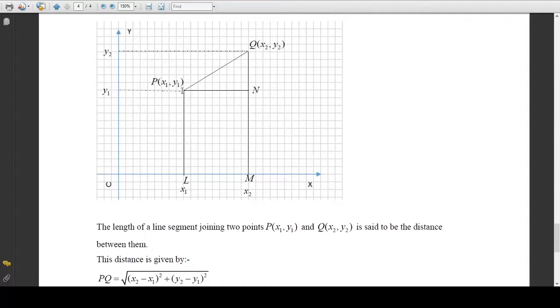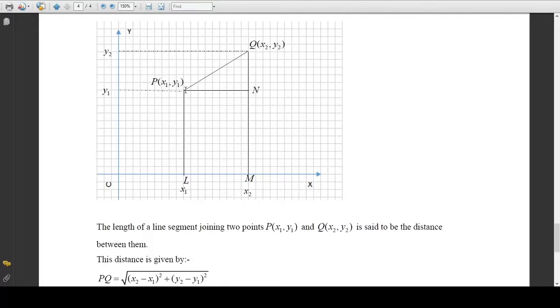Let us draw this line PL perpendicular to the x-axis, and then QM perpendicular on the axis, and then you mark a point N on QM. You draw this line PN perpendicular on QM. Okay, now you see this triangle PQN.